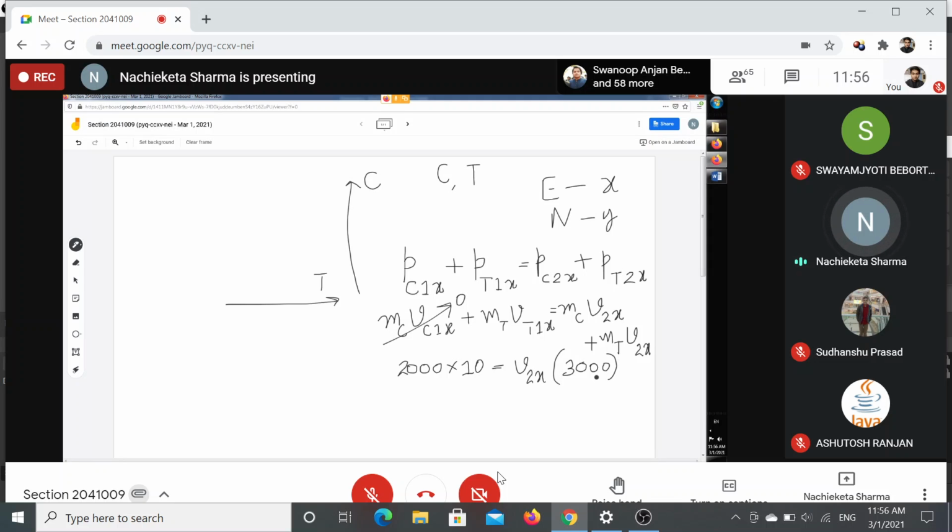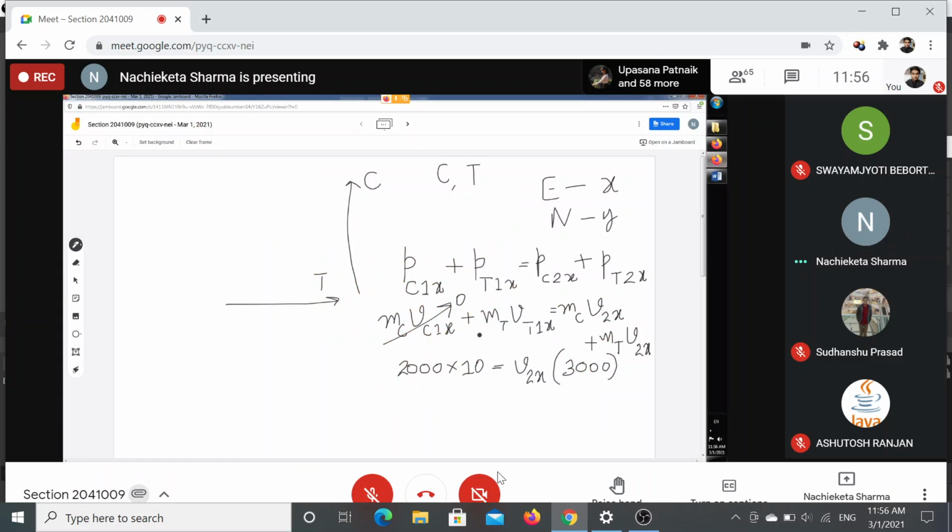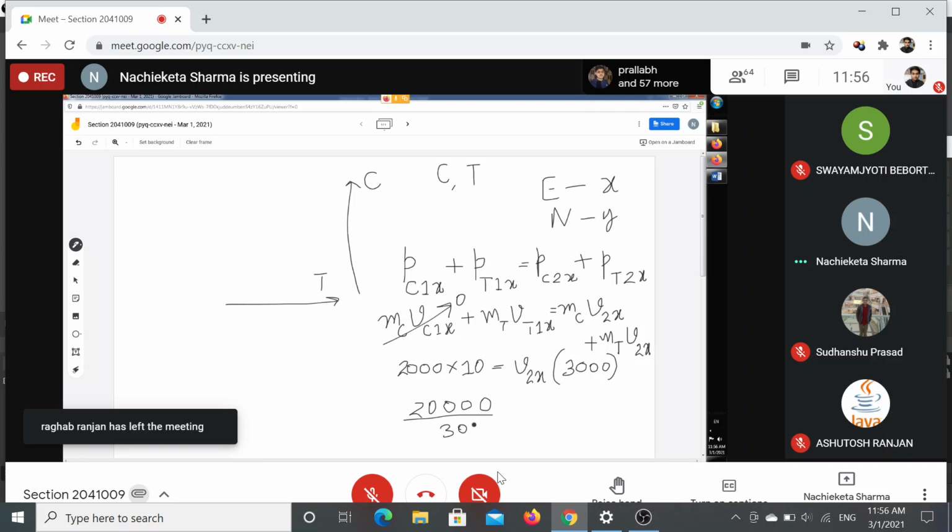And its momentum is 20,000, isn't it? So the 2000 kg truck is traveling at 10 meter per second. So you will get this 20,000 by 3000, which will be your v2x, which is equal to 20 by 3 meter per second, of course, naturally.